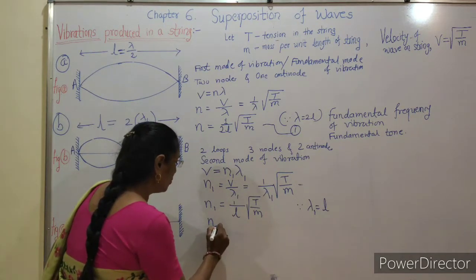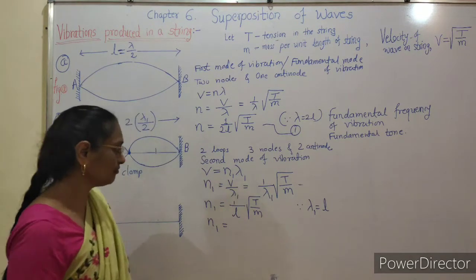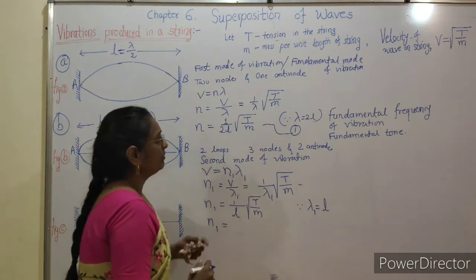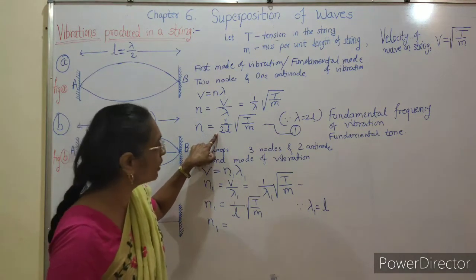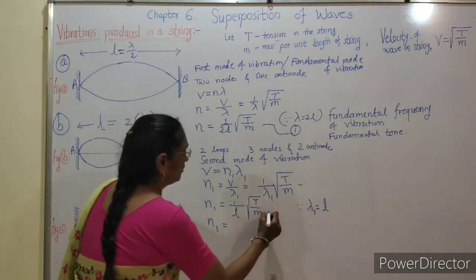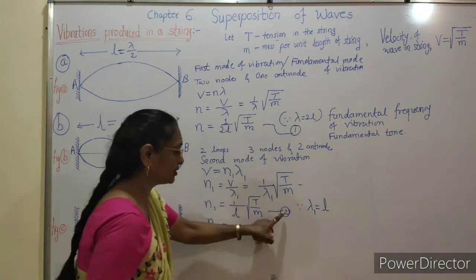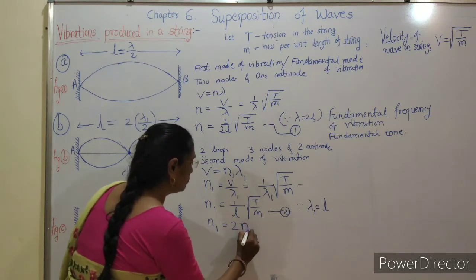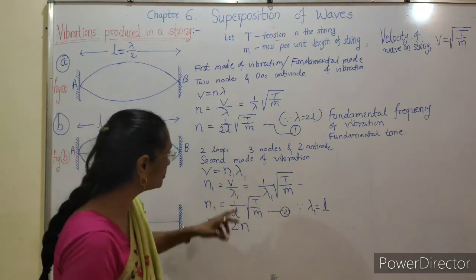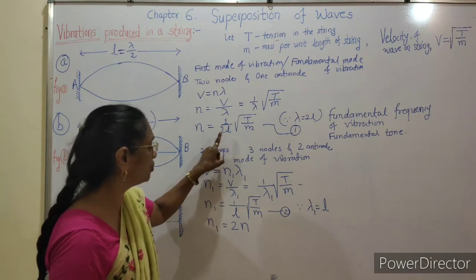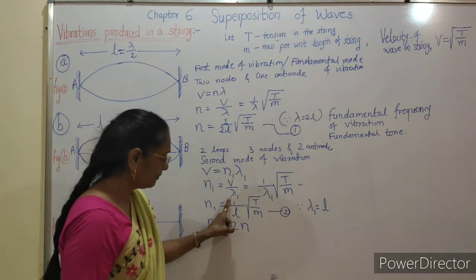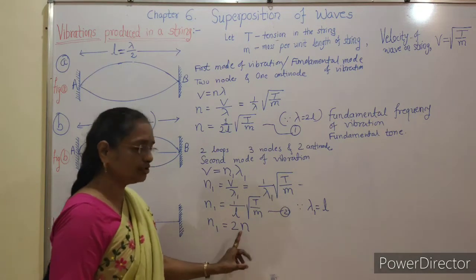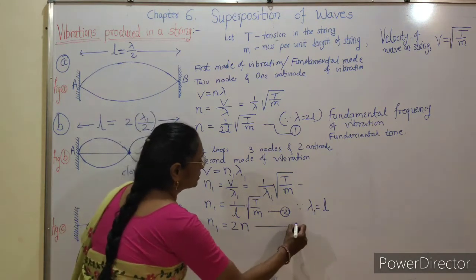And we can note here, by comparing with equation number 1, here with equation number 2, that n1 is equal to twice n, because here in the denominator there is 2, and if it is multiplied by 2 divided by 2, we can write n1 is equal to twice n. This is equation number 3.